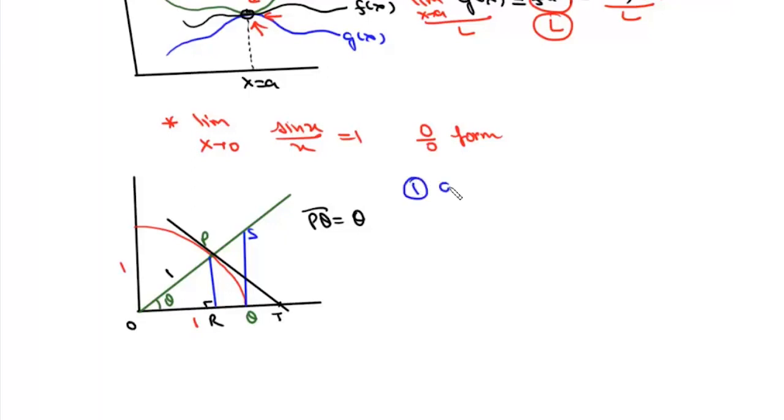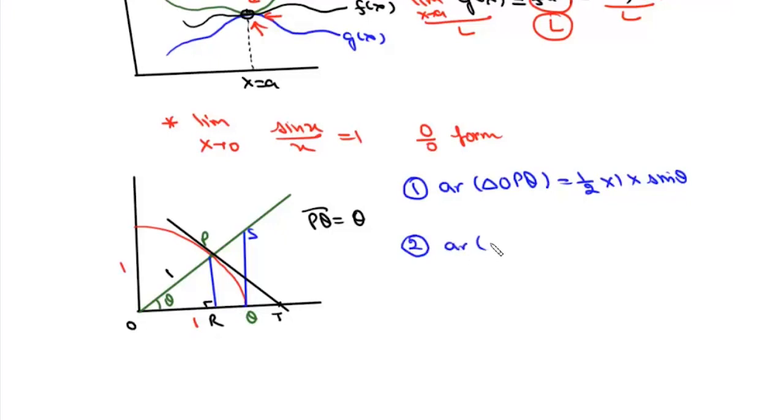Now we'll write three areas. This first area is the area of triangle OPQ. This triangle's base is OQ, which is 1, and perpendicular is PR, which is sine theta. So this area will be 1 by 2 into 1 into sine theta, so it will be simply sine theta by 2. Secondly, we'll write the area of this sector OPQ.